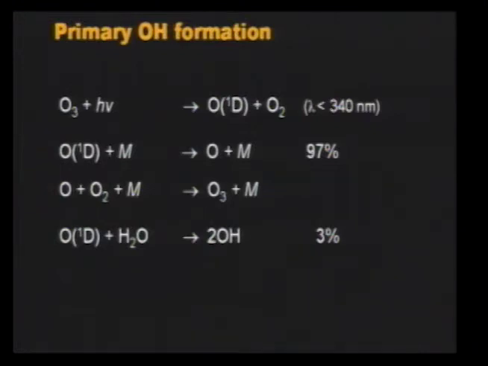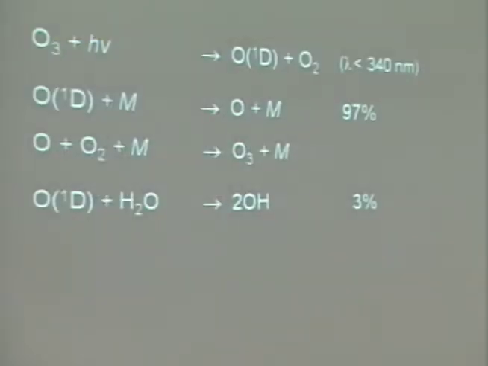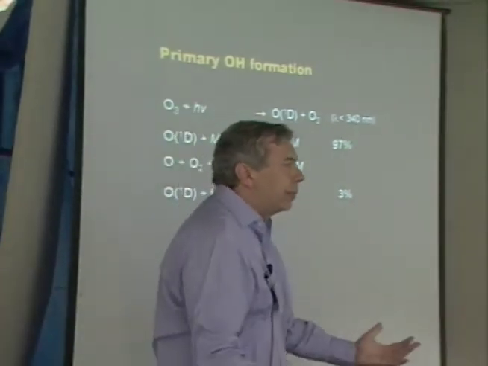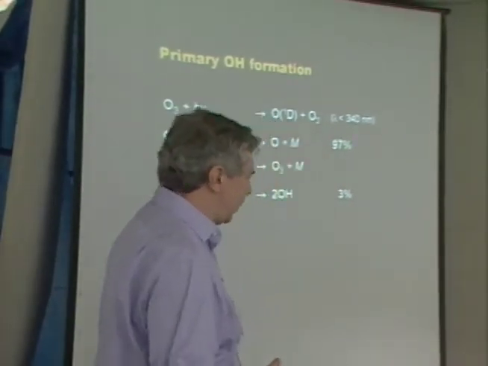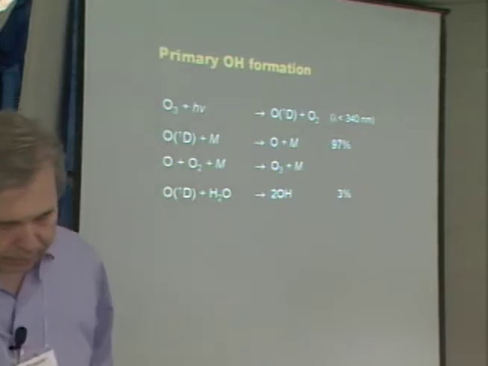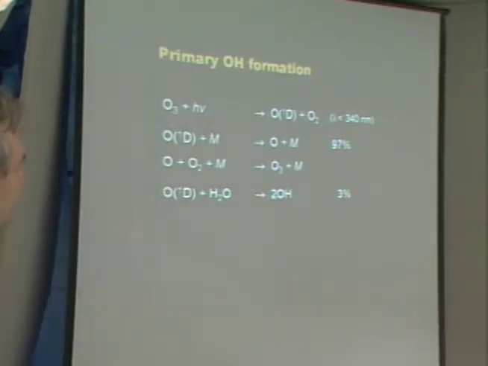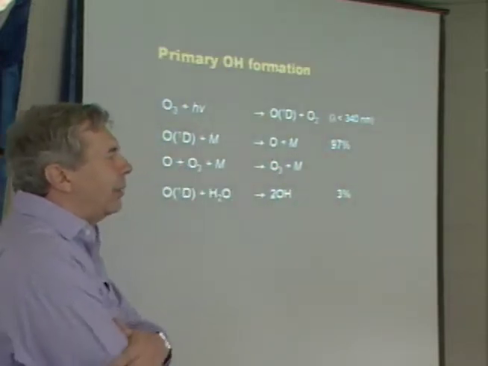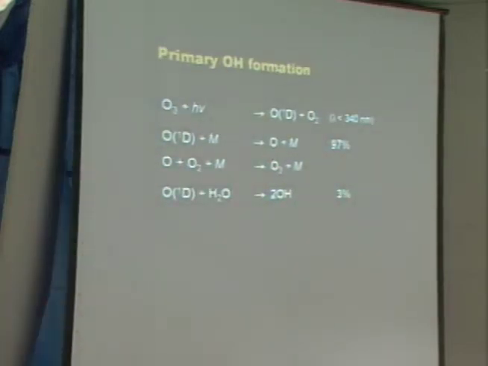There are other mechanisms that have been identified recently associated with the release by the biosphere in particular of a number of organic compounds like acetone or some aldehyde. They move up into the upper atmosphere, especially in the tropics, and they can be photolyzed there and produce also OH.